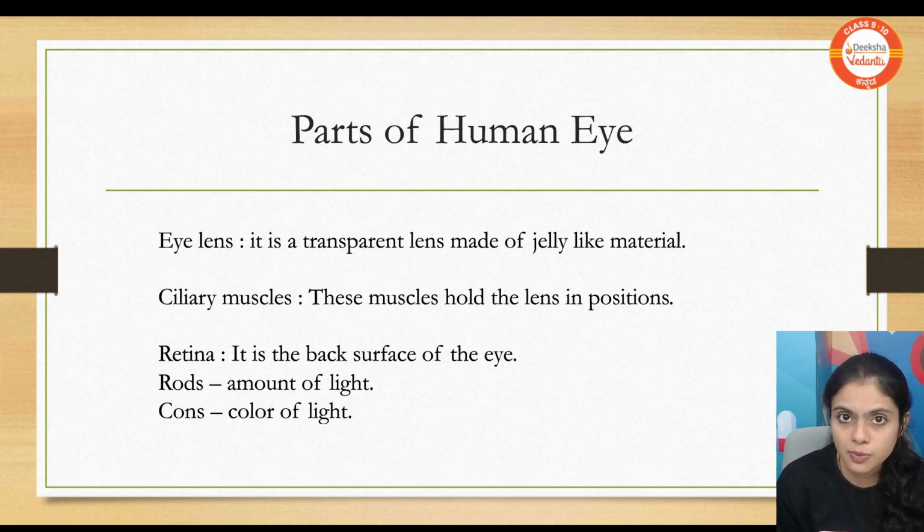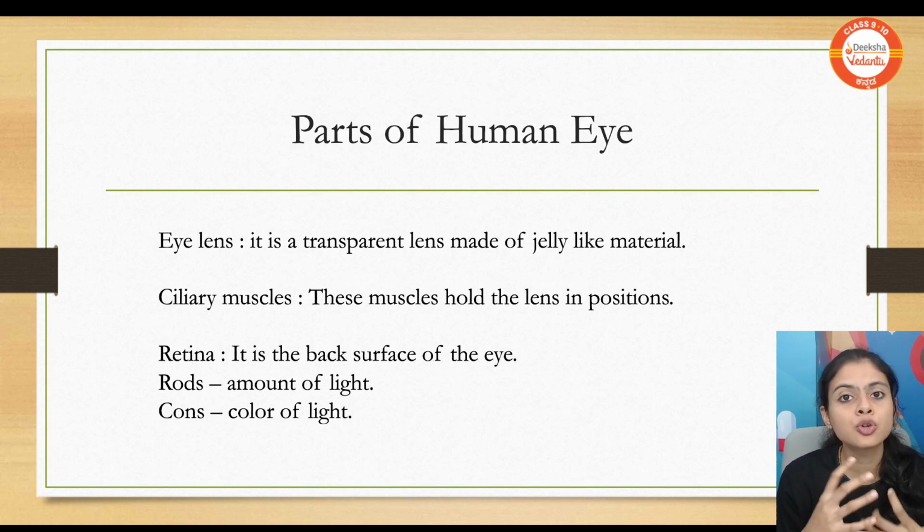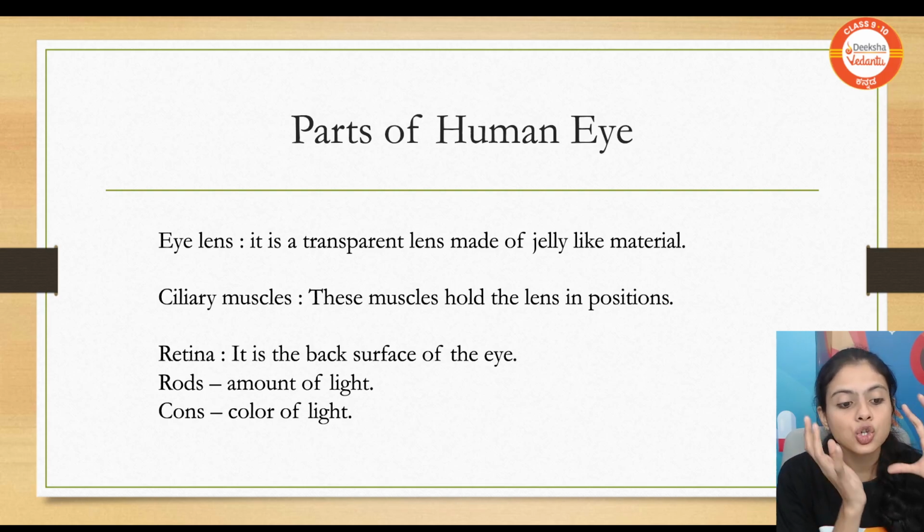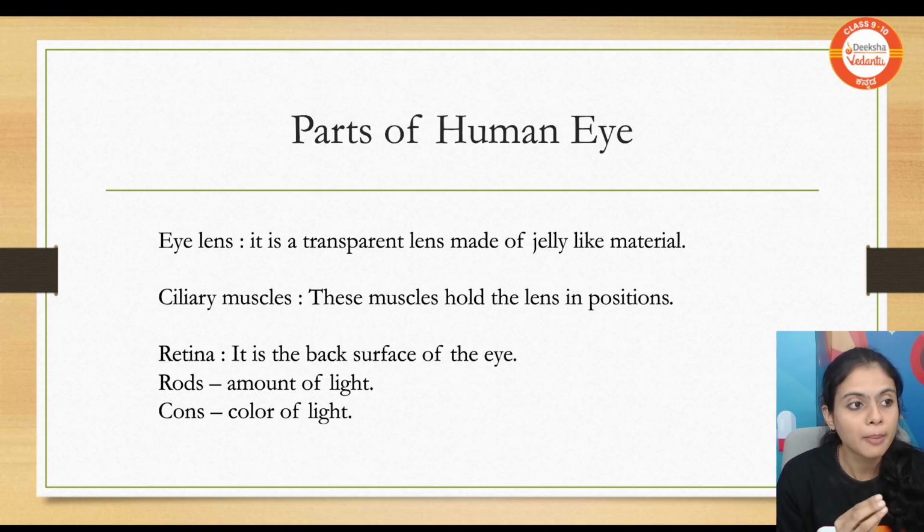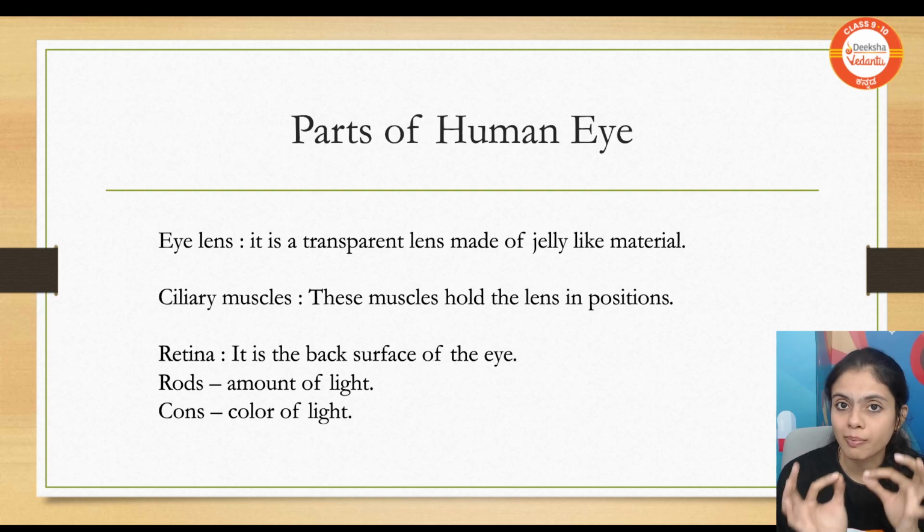Moving towards the next part of the human eye, that is the retina. The retina is nothing but a screen, a photosensitive screen, meaning a light-sensitive screen. In the retina we have two types of cells. One is rods and the other is cones. So what is the function of rods? They detect the amount of light. Whether it is bright or dark is measured by the rods.